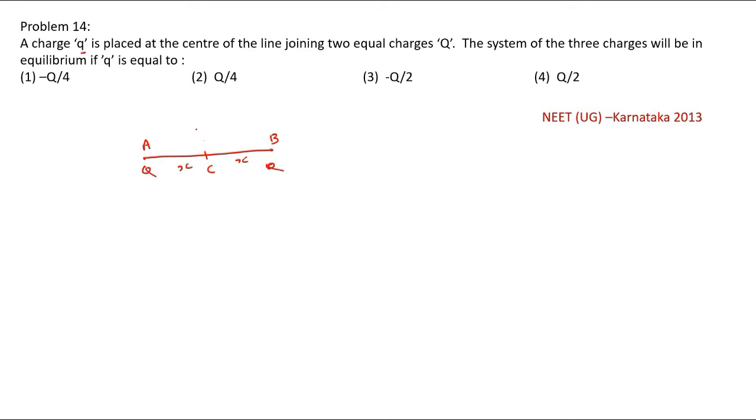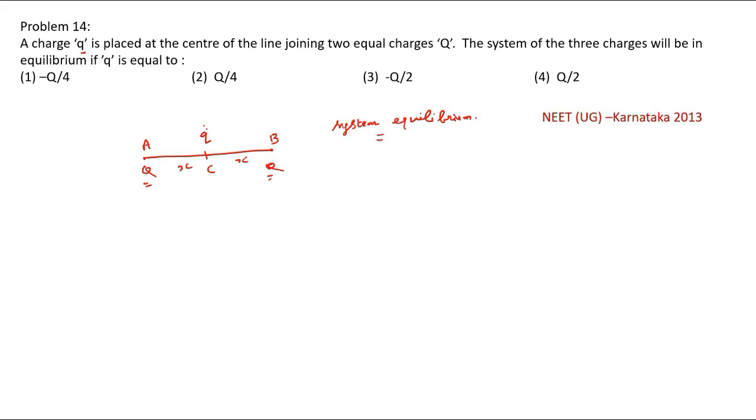Then a charge q is placed at the center. Now the system should be in equilibrium. System equilibrium is required. That is, all the three charges should be in equilibrium. This Q, this q, and this Q should all be in equilibrium.